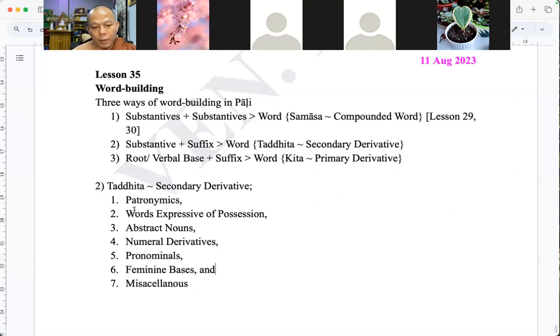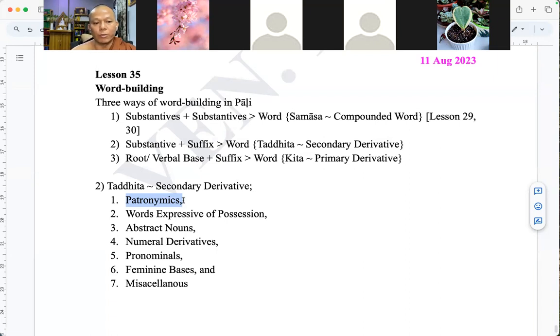The first one, patronymics, refers to the name of a father. To the term that refers to a father's name, we add another suffix, referring to his family: his son, his daughter, or someone belonging to his family.